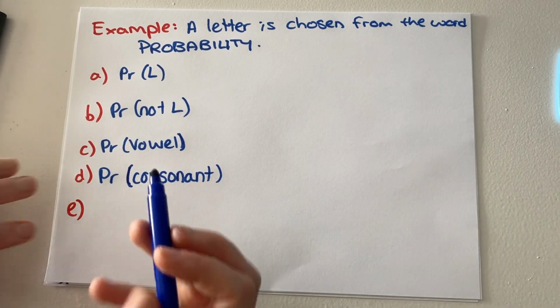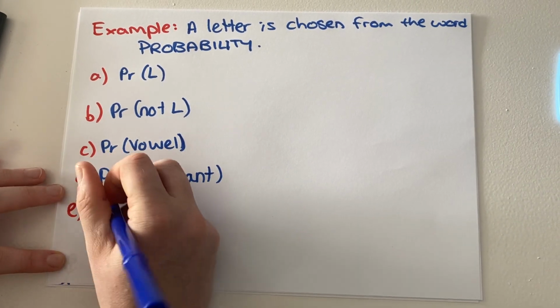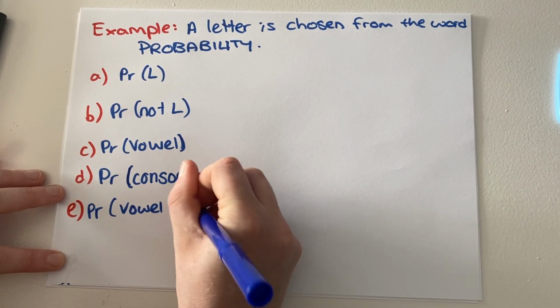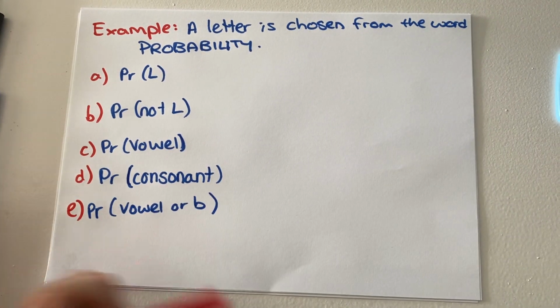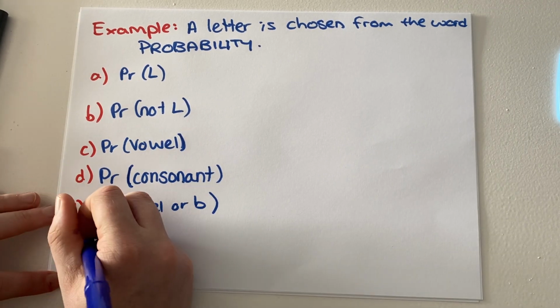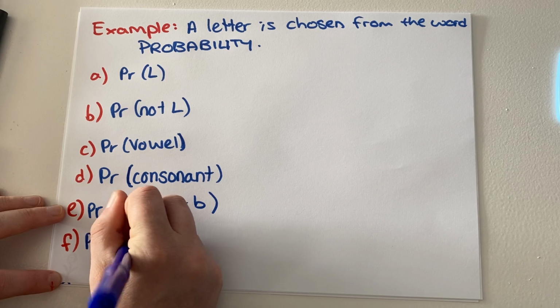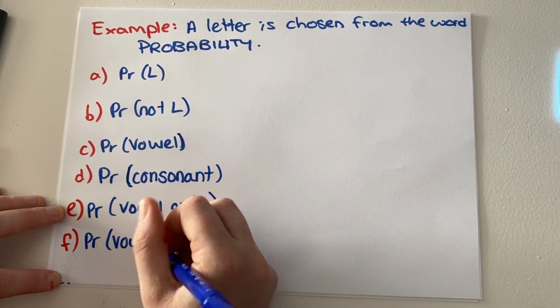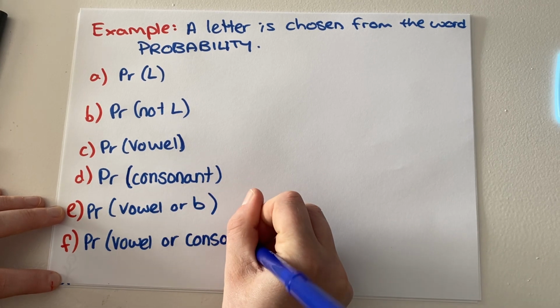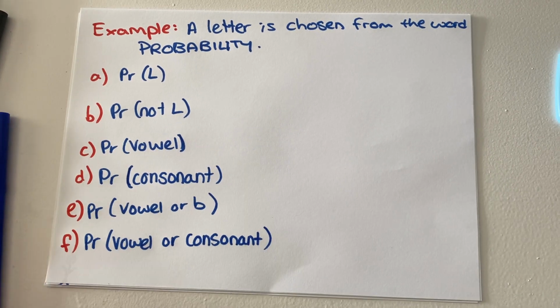E, probability of a vowel or B. And our last one, probability of a vowel or consonant. Okay, so those are what we're going to do.